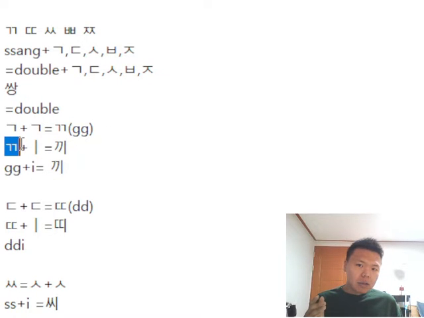So 쌍기역 plus 이 is 끼. GG plus I, 끼. This is the same. 디귿 has a D pronunciation. So D plus D, 뚜.